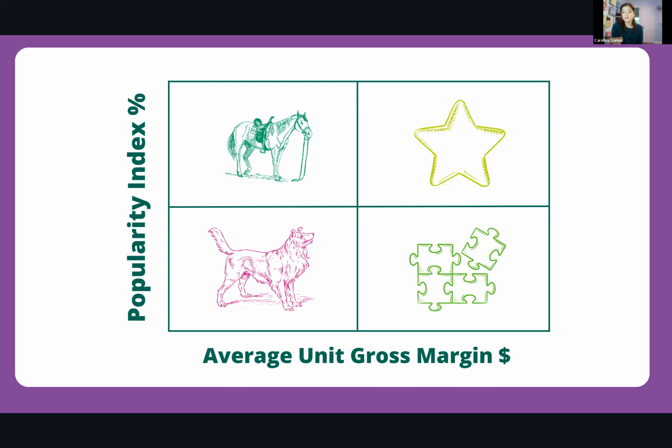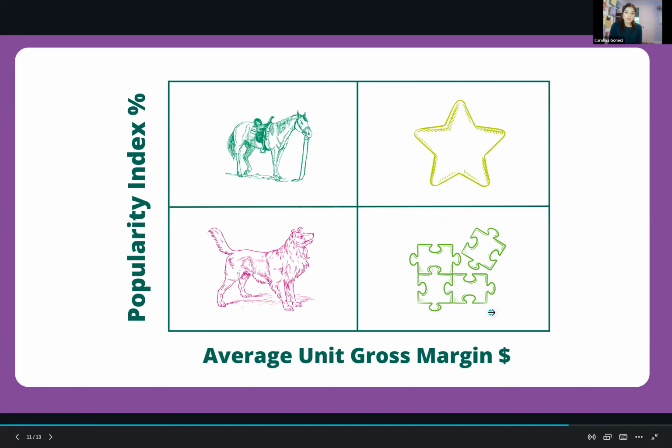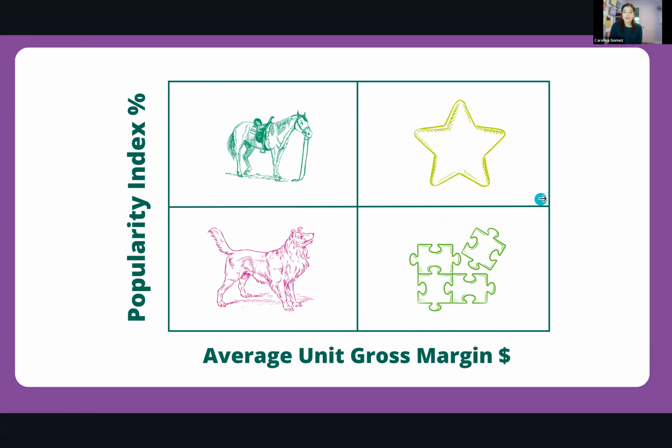So the puzzle, what you really do when something is a puzzle is that you do the marketing. Once you highlight this item in your marketing, in your branding, and tell the story behind it, hopefully it can become popular and you can get it into your star category. So most items that you pick, you're going to try to get into your star category.